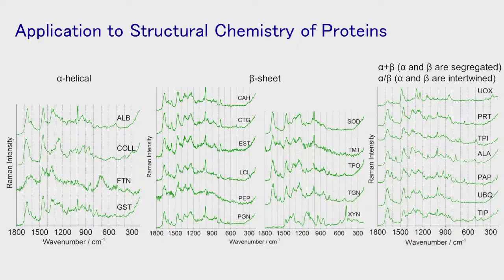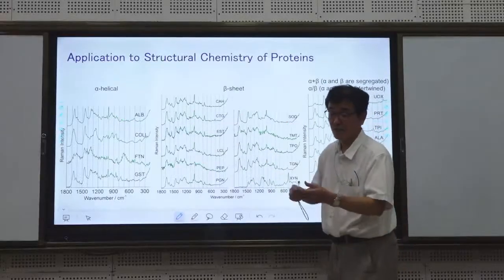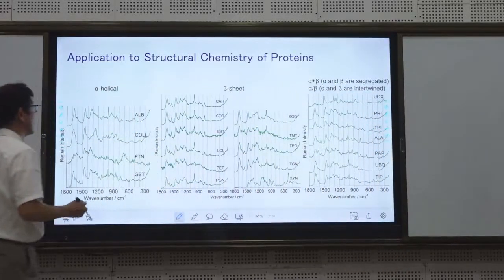Then let's see the Raman spectrum of proteins. There are many reports of the Raman spectrum of proteins. You can purchase the protein from the market, Sigma-Aldrich or somewhere. I don't remember all of them, albumin, collagen, or others, but there are many proteins, and they are classified into some subgroups.